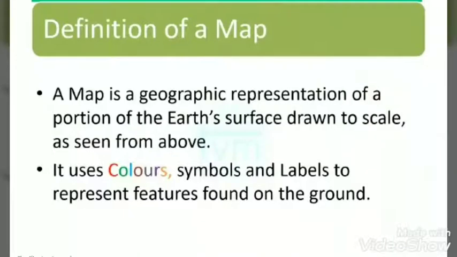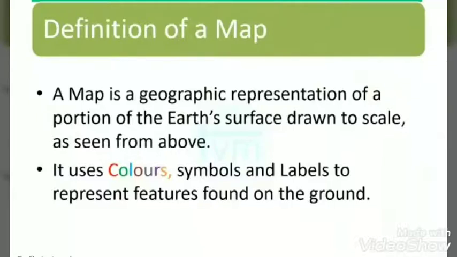A map is a geographic representation of a portion of the earth's surface drawn to scale as seen from above. It uses colors, symbols and labels to represent features found on the ground.